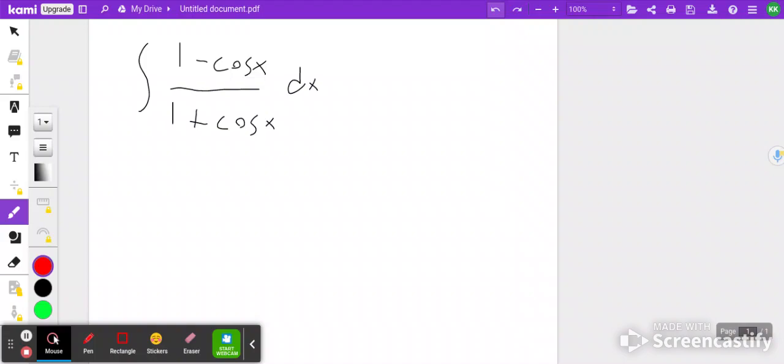The first thing I want to do is simplify this a little by multiplying by the conjugate of the denominator. So we multiply by (1 minus cosine x) over (1 minus cosine x).